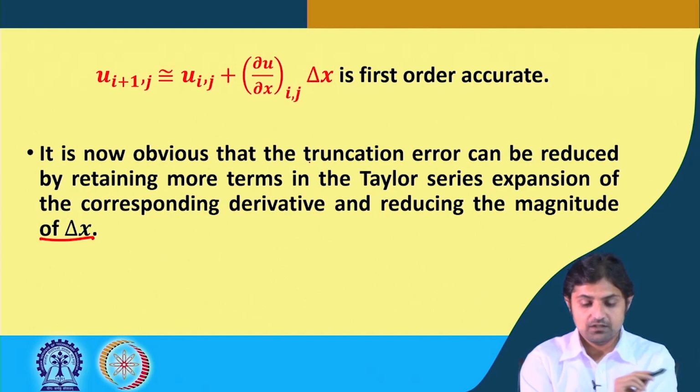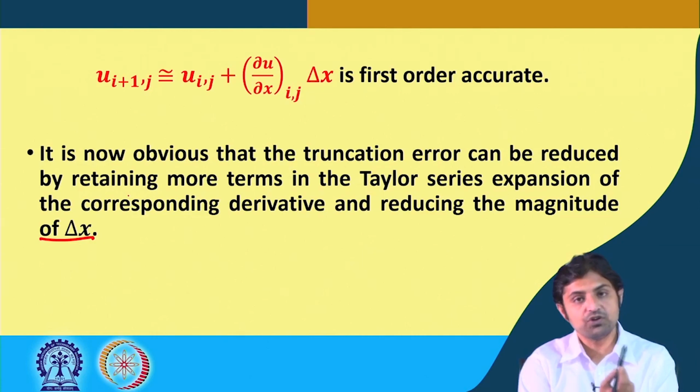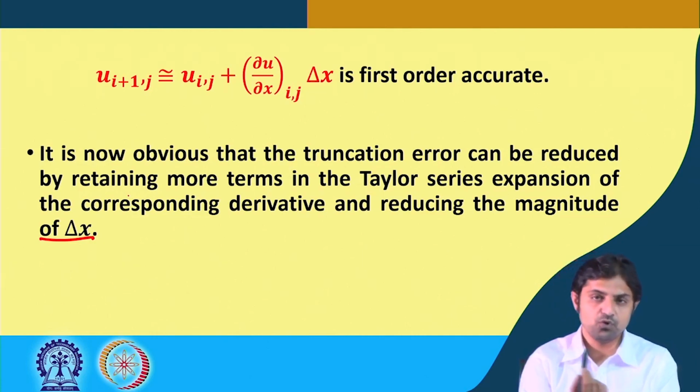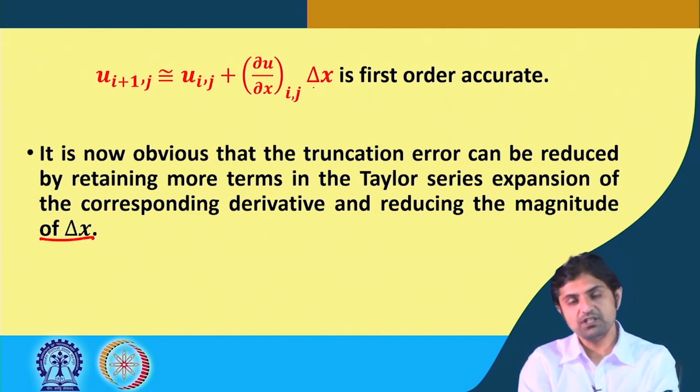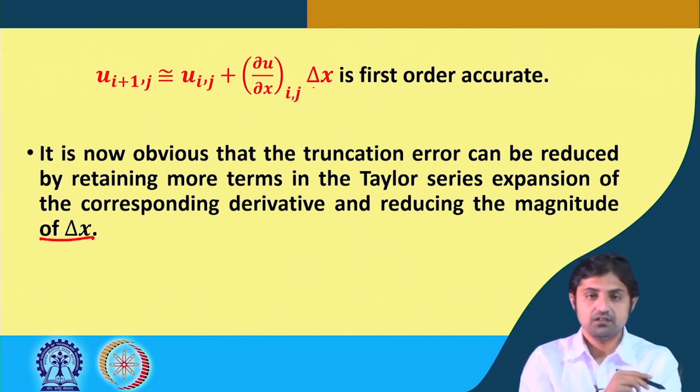So, this error can be reduced by, first, retaining more terms in the Taylor series expansion. The more the number of terms, the less will be the error. And if we reduce the magnitude of delta x, then delta x square, delta x cube will be even more and more less. Therefore, the truncation of those terms will be almost negligible.